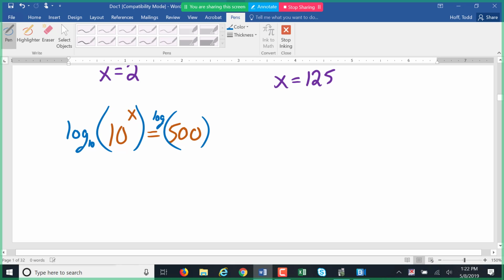Of course, just the log. So now the log base 10 and the 10 to the power of cancel out. I have x equals the log of 500. And of course, our calculator will tell us the log of 500 is 2.699.